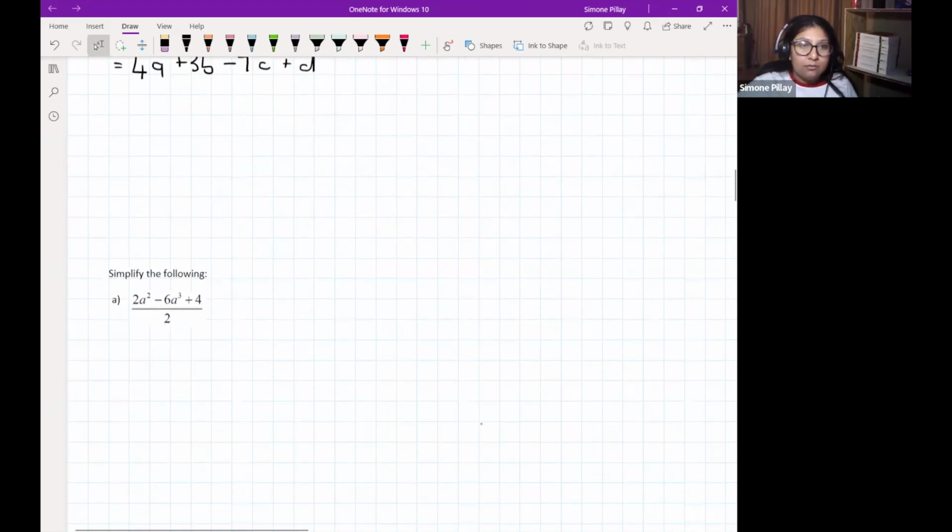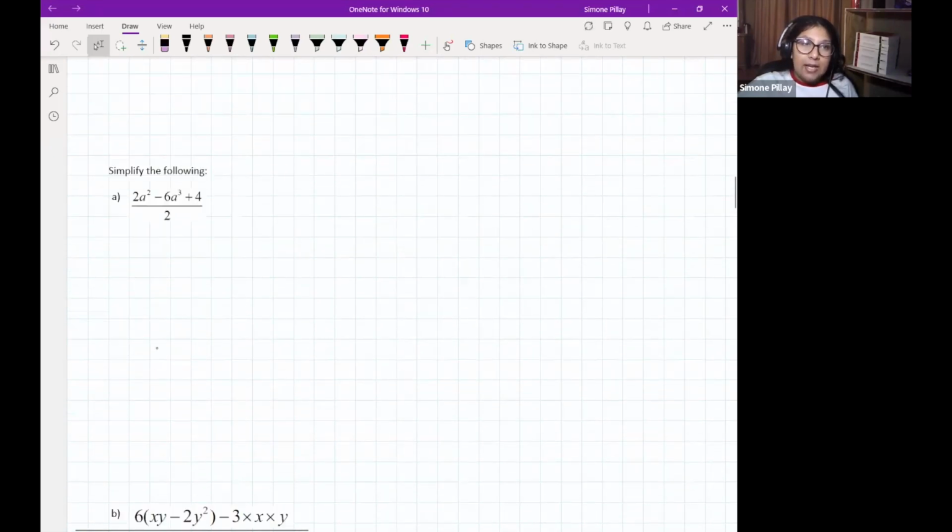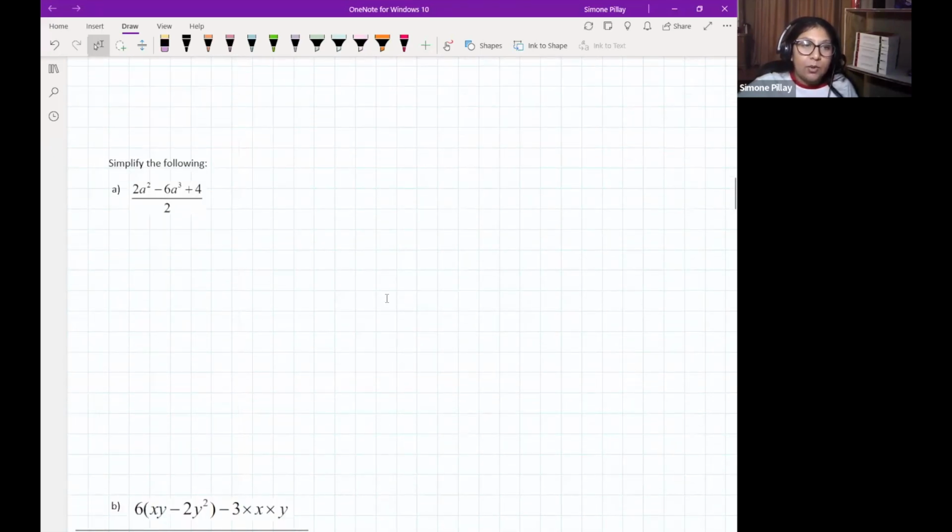And last one, before we go into our brain break, is going to be a over here. Now, when we're doing a, I want us to first look at, remember, we have to simplify first either our numerator or our denominator.